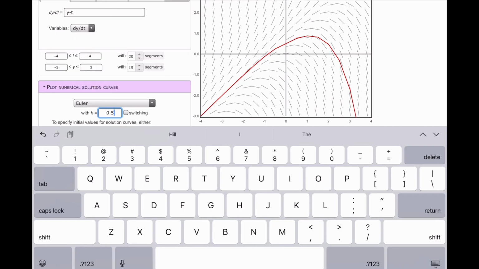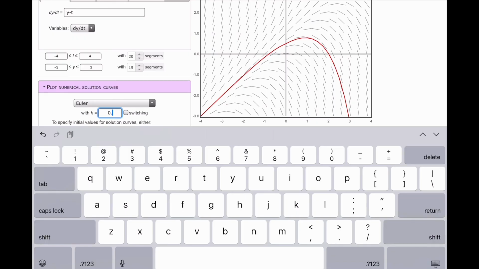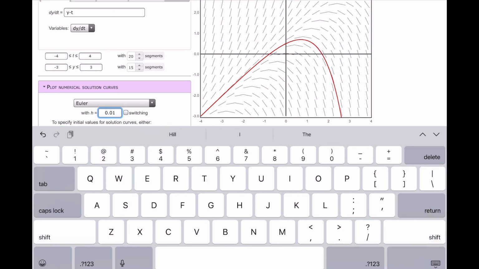With smaller step sizes, my approximation is going to be much closer to the solution and much smoother as a result. If I reduce the step size more to a quarter, it's going to get even smoother still. So here, let's say I pick a very, very small step size, and I'm going to end up with a very, very smooth looking approximation.